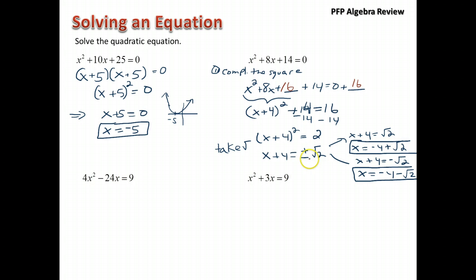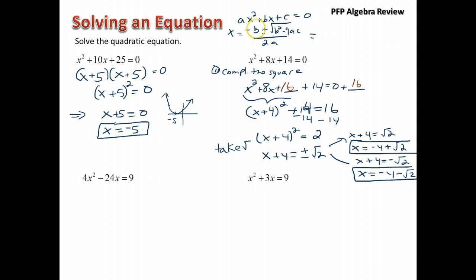We could also solve by the quadratic formula, and let's take a look at that one. Not on this problem, but maybe on a different problem. So we could do it on this problem if you like. So ax squared plus bx plus c is equal to 0, and x is negative b plus or minus the square root of b squared minus 4ac all over twice a.